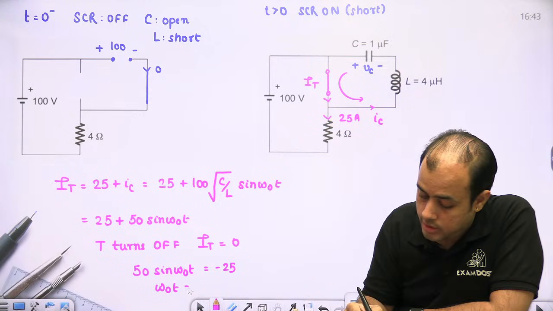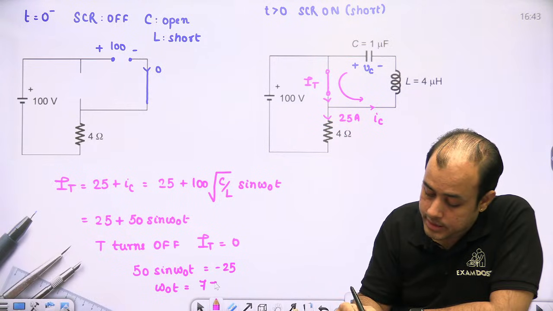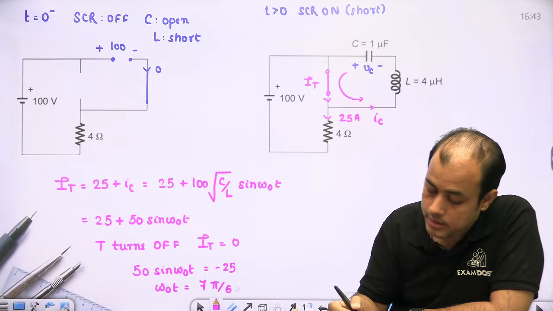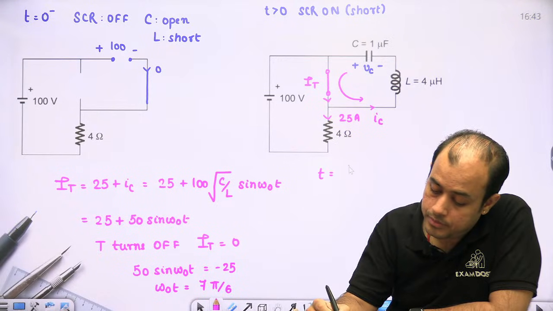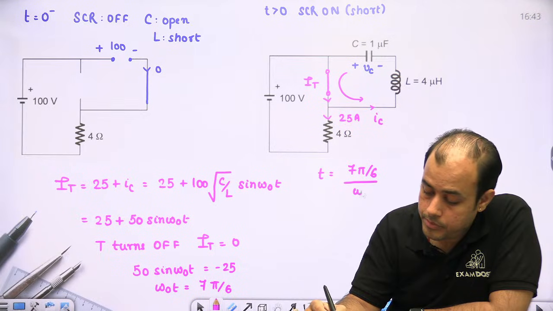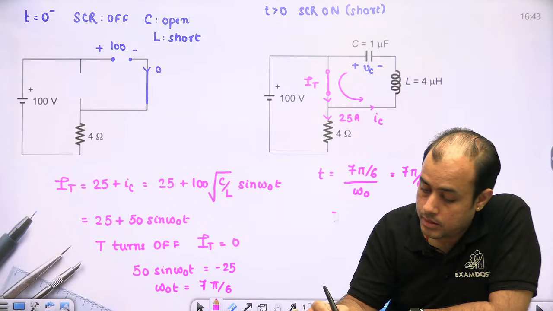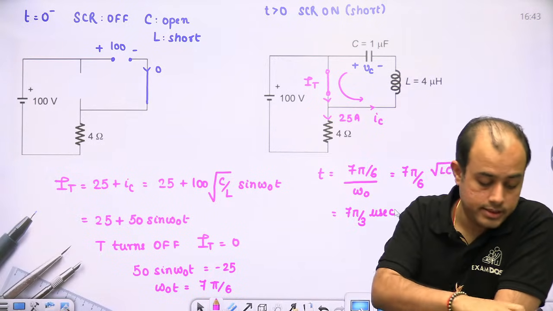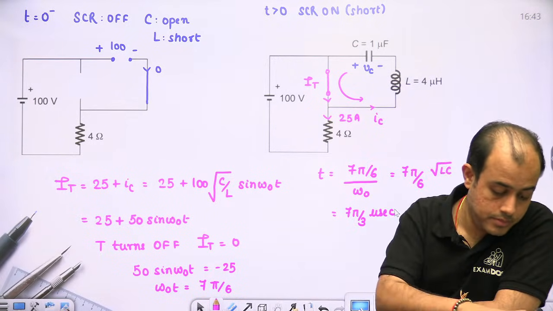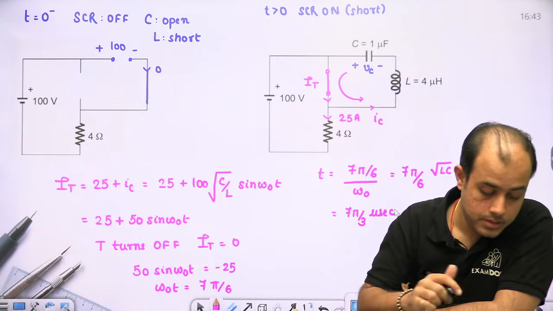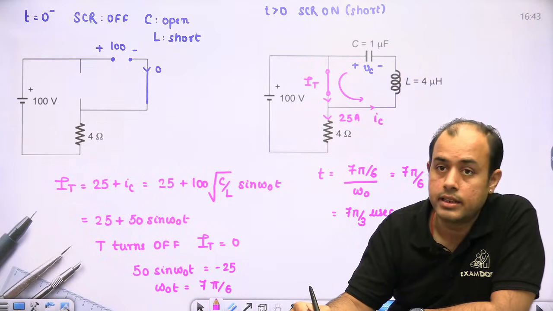Now omega naught t is pi plus pi by 6, 7 pi by 6. So the time, omega naught is 1 by root LC, so it will be 2.7 pi by 3 microsecond. How much is this coming? 7.33.